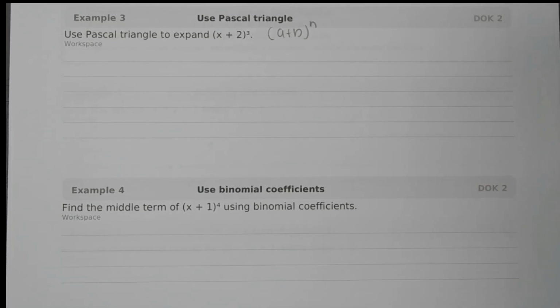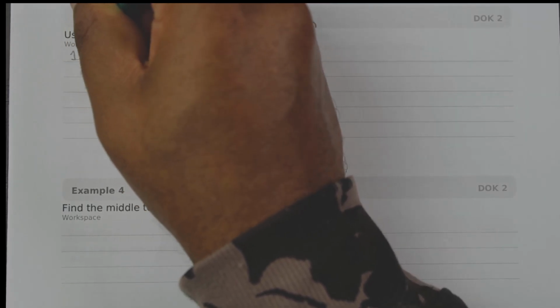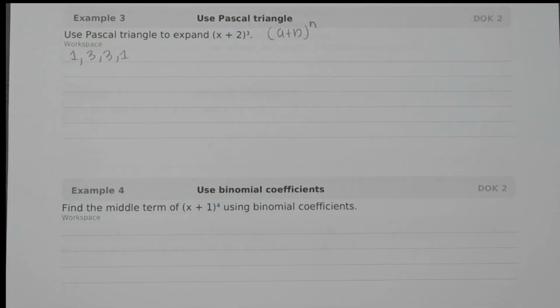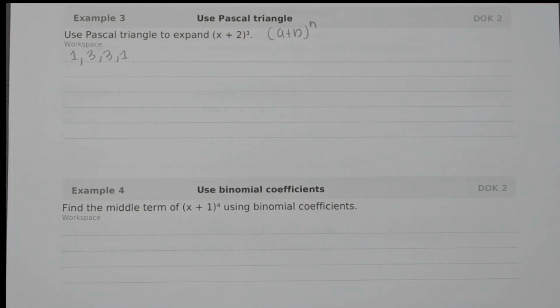So what this is essentially saying is Pascal's triangle coefficients for the power of 3. So it's 1, 3, 3, 1, right? So the exponent is 3 for this expression, and so we're going to use the row of Pascal's triangle for the third power. And I'm going to show you what that looks like here in a second.